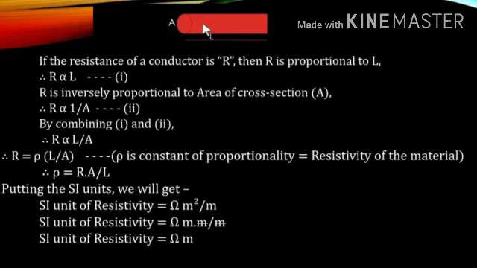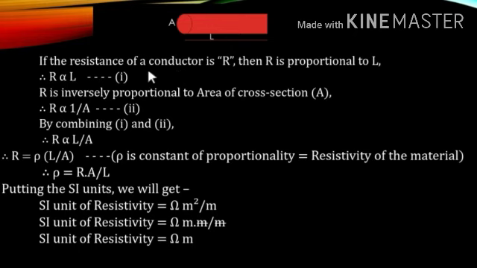Here a cylindrical conductor is shown, which has a specific length and area of cross section. Now this area of cross section means if the conductor is cut transversely, then that cut surface forms the area of cross section.